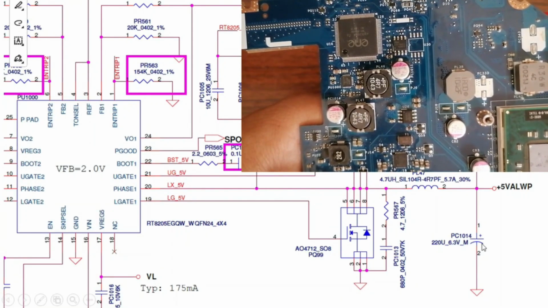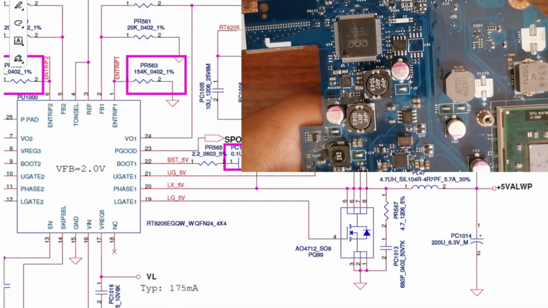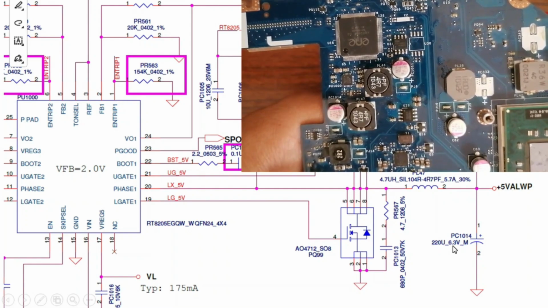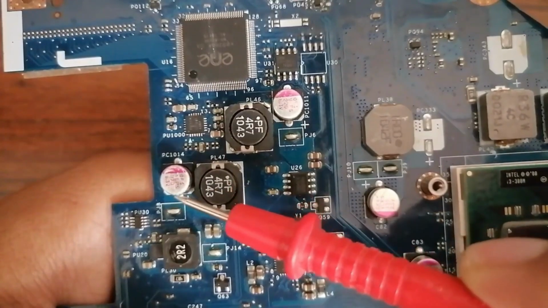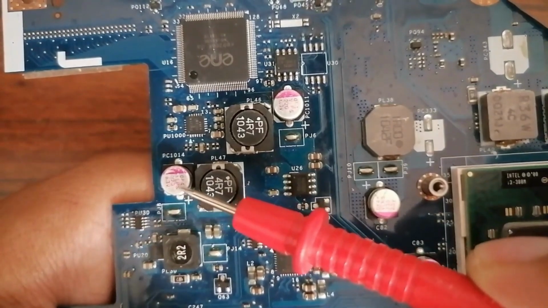This is an electrolytic capacitor with plus and minus. We sometimes call it a polarized capacitor. Its capacitance is 220 microfarad, 6.3 volt.